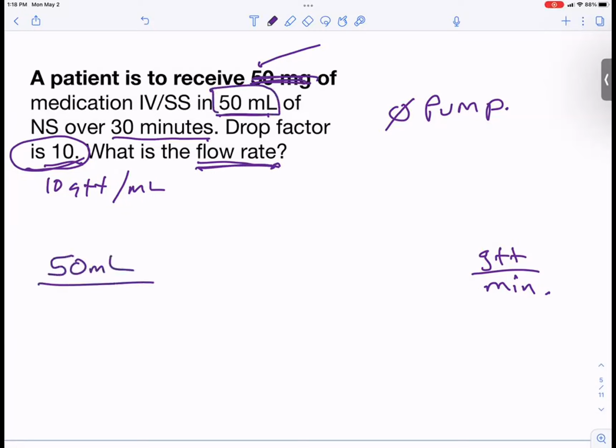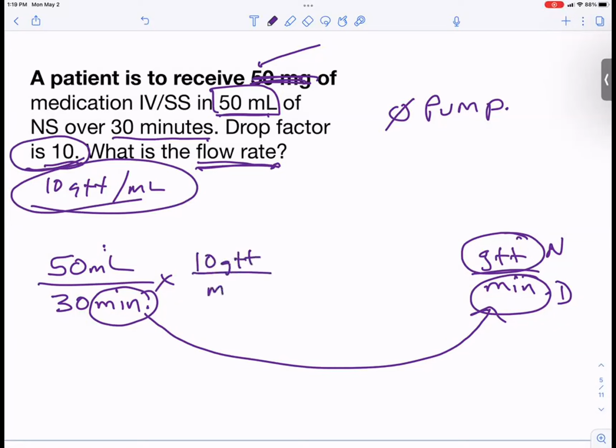So if you know what your wanted is, I need drops in my numerator, minutes in my denominator. Well, if you look, I already have minutes in my denominator. So how do I get rid of milliliters and get drops in my numerator? I use the drop factor, 10 drops per milliliter. I cross off my milliliters.